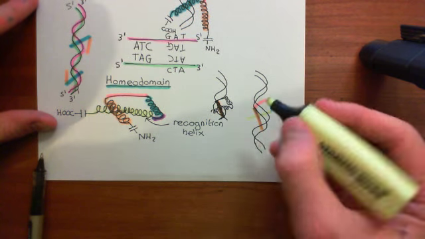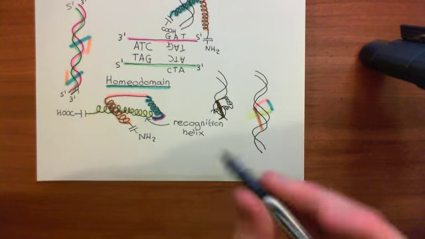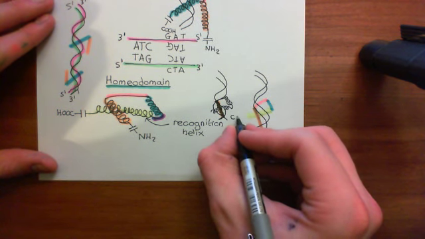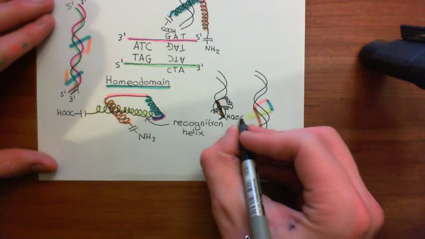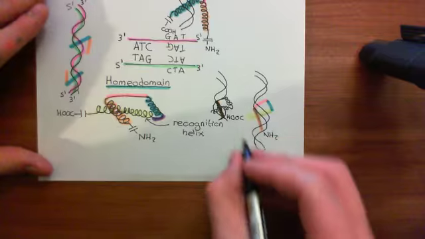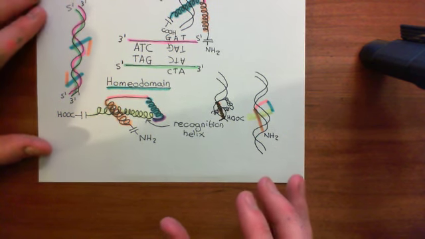So I'll draw this larger to make it even more obvious. So there is the recognition helix sitting in the major groove, and then here is the C terminus that we've got over here, like so. And then this is the amino group over here. So that's how homeodomains bind to the major groove of DNA.